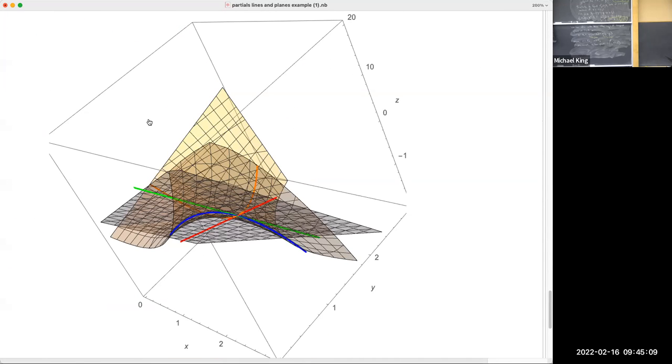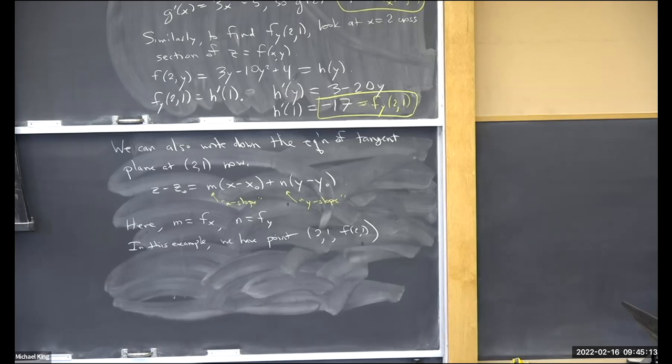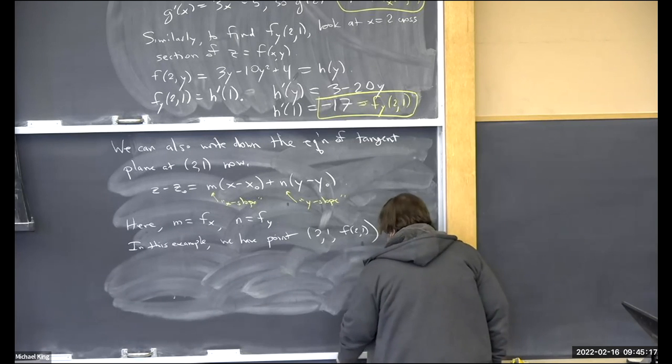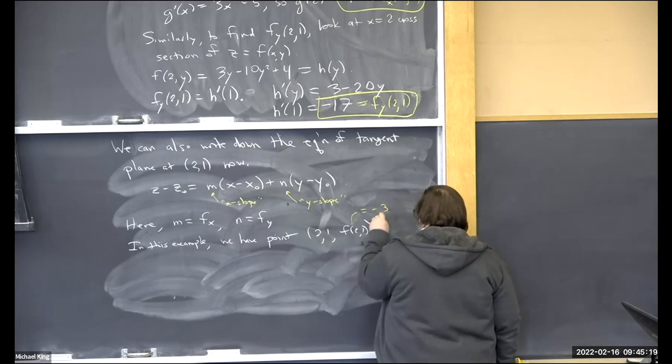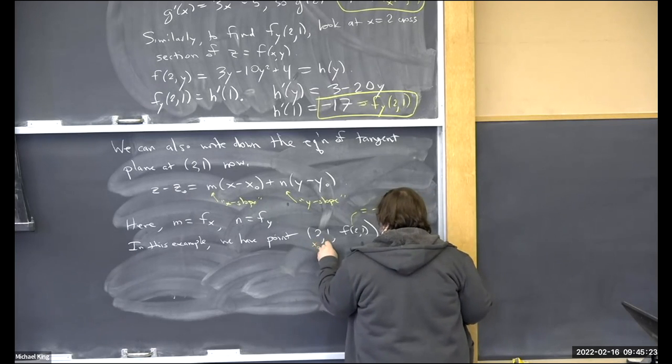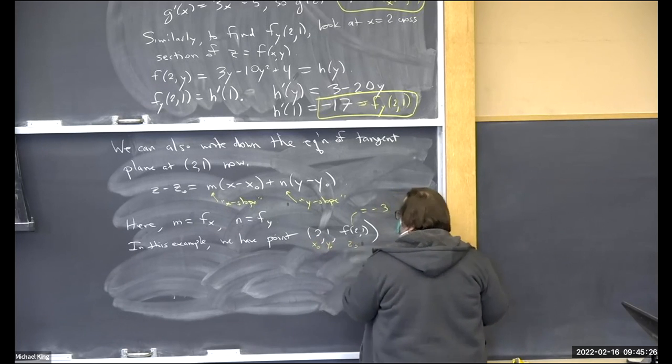Okay, so if you try this, it is actually -3 if you just plug it in. So we have the point 2, 1, -3: this is our x naught, this is our y naught, this is our z naught.